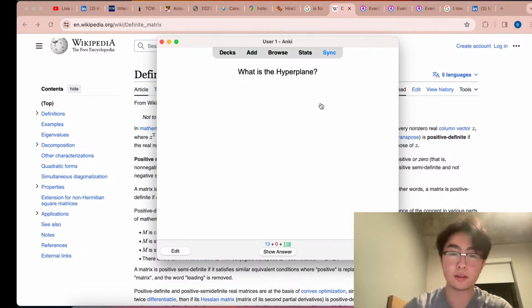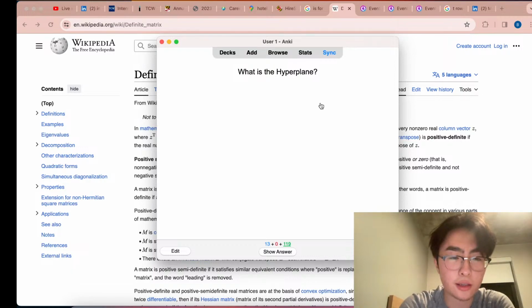Hyperplane. Oh man, hyperplane. That was talked about within the perceptron learning algorithm, which I think is one of the linear classification models we learned about, and it works well with binary classification.